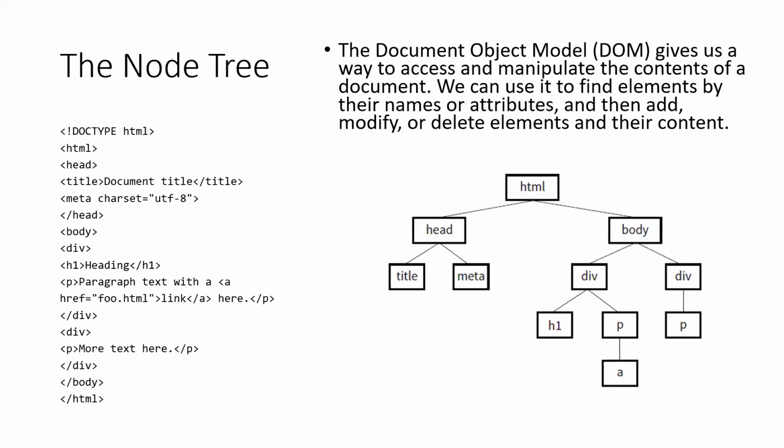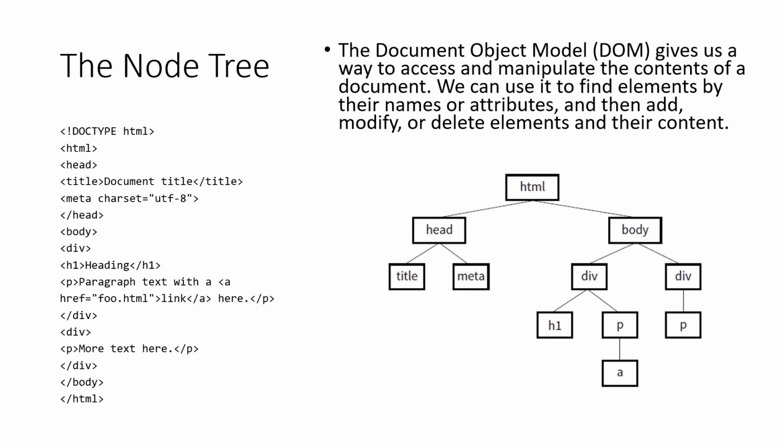Okay, now when you talk about looking at or manipulating the whole body of the tags in an HTML page, we should know how to represent this as actually a tree, right? So this DOM, or document object model, will give us a way to manipulate the document.